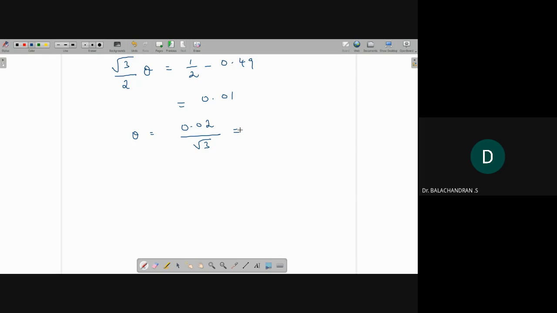I think I will take my calculator also. 0.02 divided by root 3 is equal to what? 0.0115 radians. Sir, I think it should be 0.02.